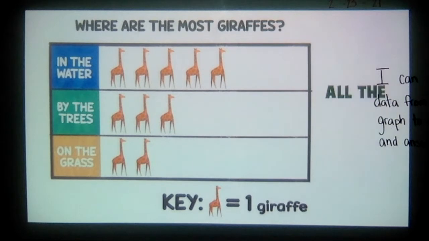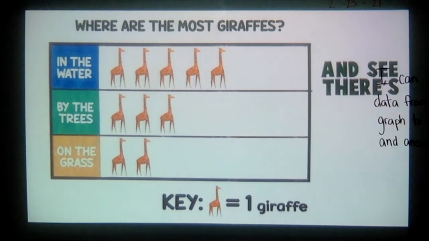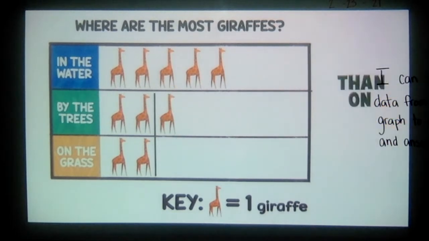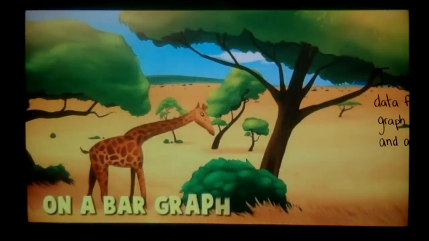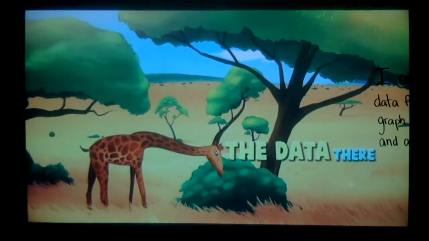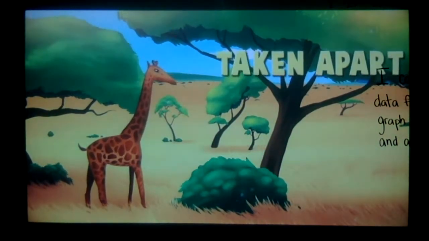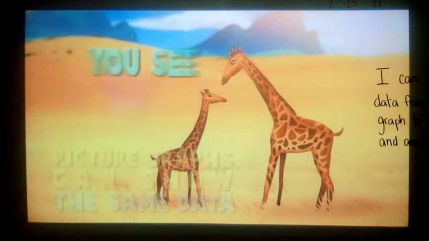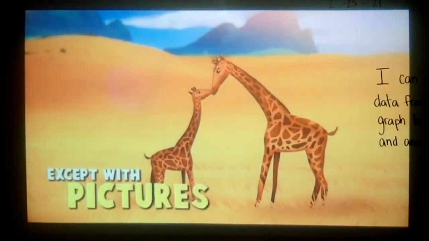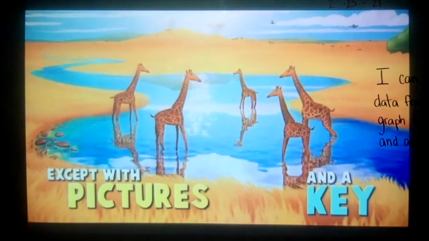And now we can compare all the tall giraffes there, and see there's one giraffe more by the trees than on the grass. On a bar graph, the data there can be put together, taken out by or compared. Picture graphs can show the same data you see, except for pictures and a key.